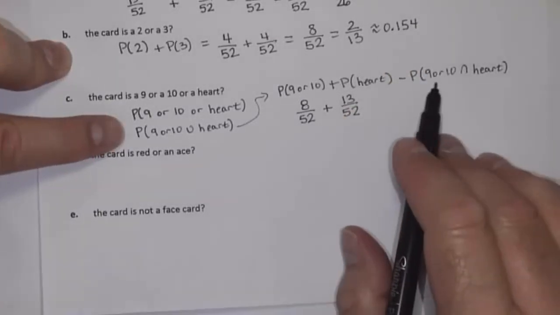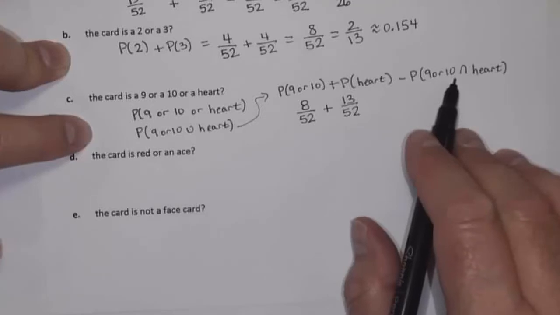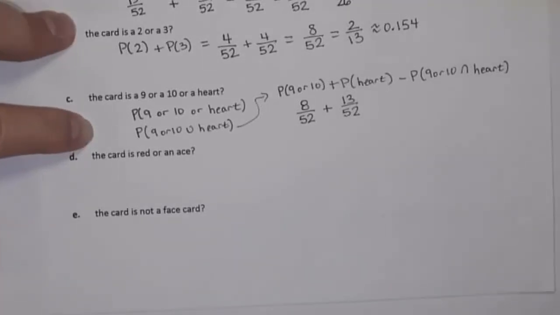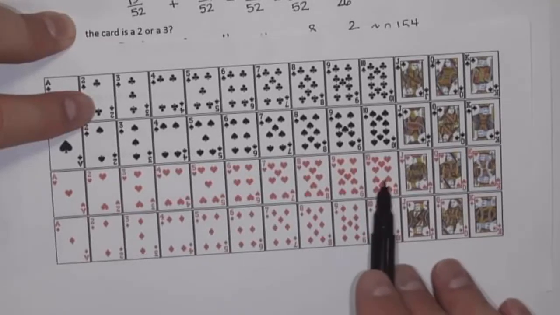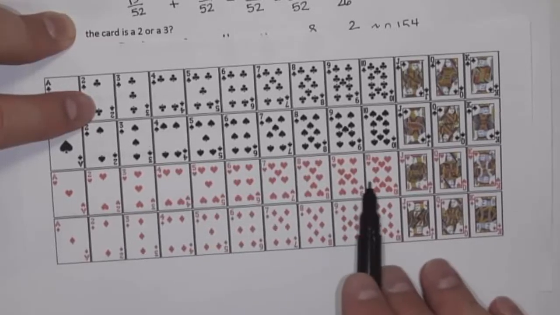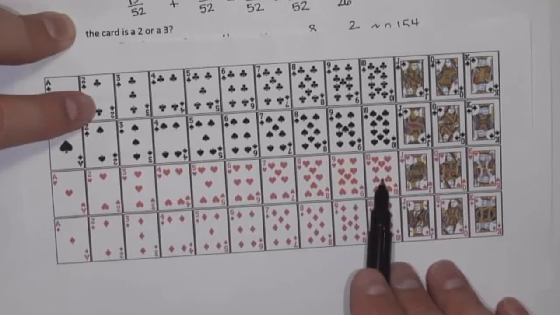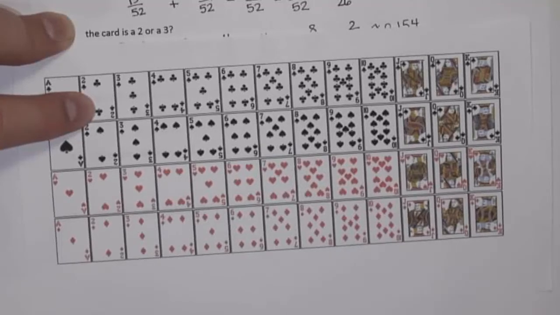Now the probability of being a 9 or a 10 and a heart, let's again look at our picture. Well, there are 2 cards in that intersection because we have the 9 of hearts and the 10 of hearts that are both 9 or 10 and a heart.